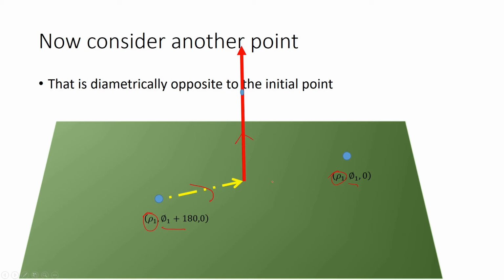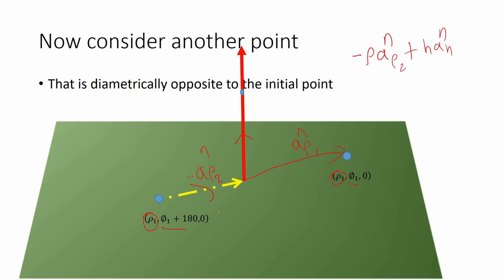Now I can write this as minus rho a_rho2 cap plus h a_h cap, right? This is 100% correct. But minus a_rho2 cap is along the same direction as a_rho1 cap, which we have seen already.